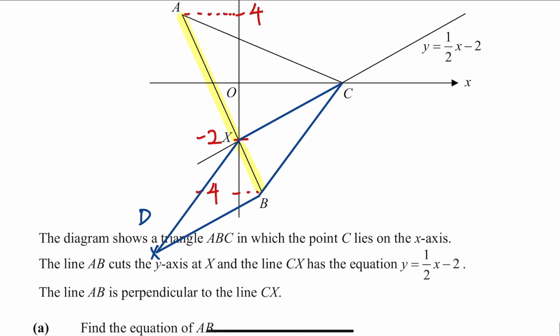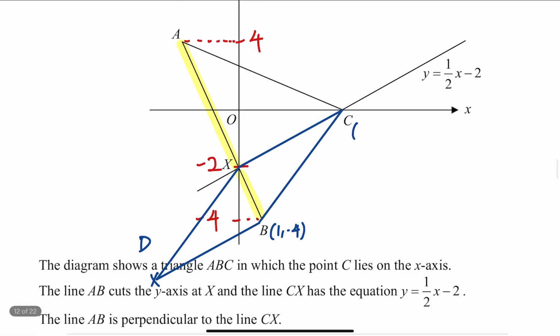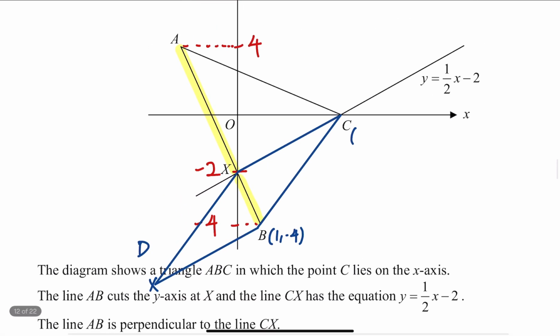So how do we find the coordinates of point D? I know that point B has the coordinates (1, -4). How do we find the coordinates of point C? Very simply, this is your x-intercept.